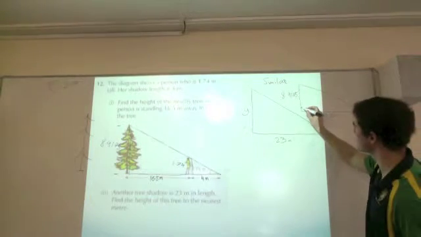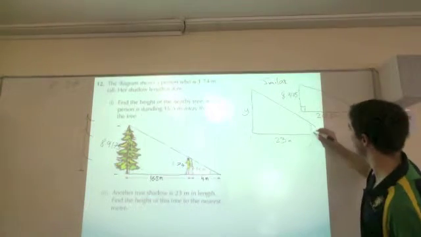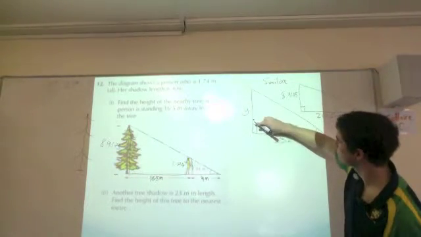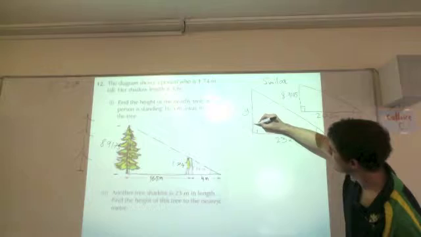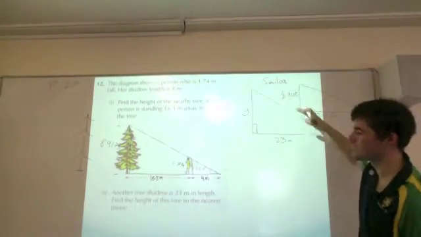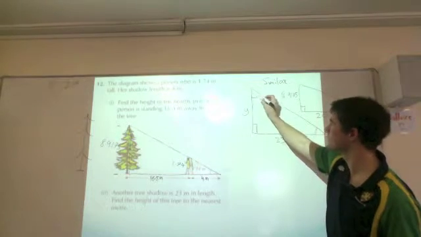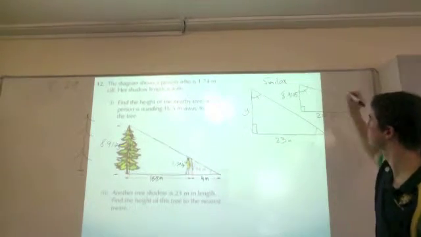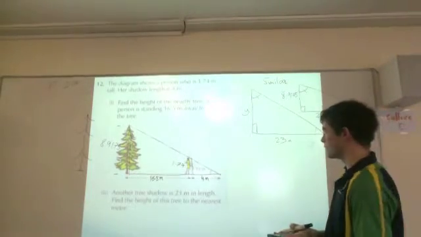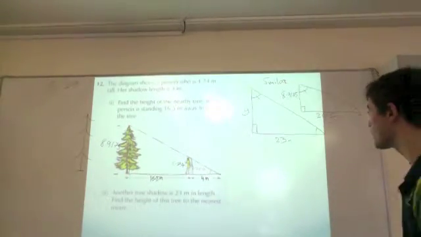So these two triangles again are similar because they're both growing vertically, so you have your right angle, and they both are going to cast the same shadow because the sun is in the same place. So similar triangles again, and use your proportions to figure out a value for y.